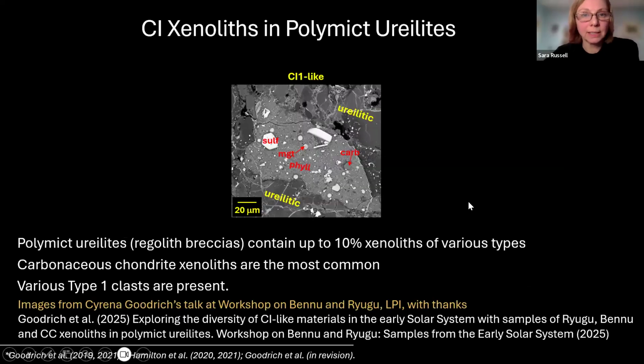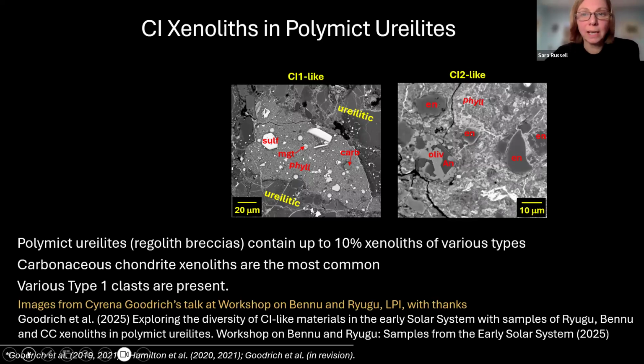And xenoliths in polymict meteorites, there are loads of these. These were summarized by a talk that Serena Goodrich gave at the workshop on Bennu and Ryugu recently, and she was kind enough to share her talk with me. She showed that there are Ci-like xenoliths in these ureilites.